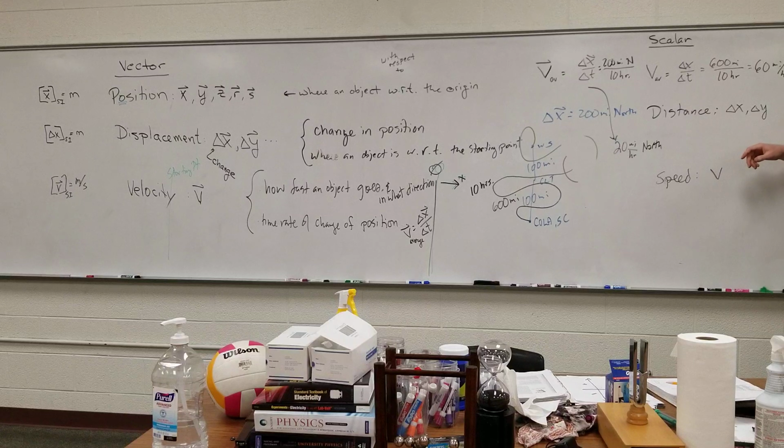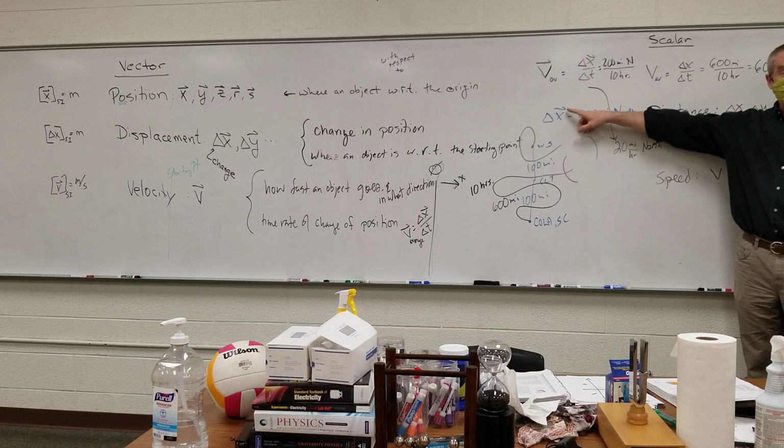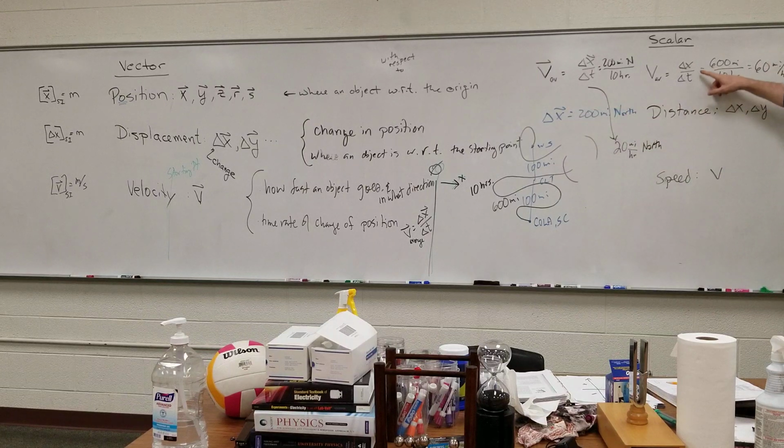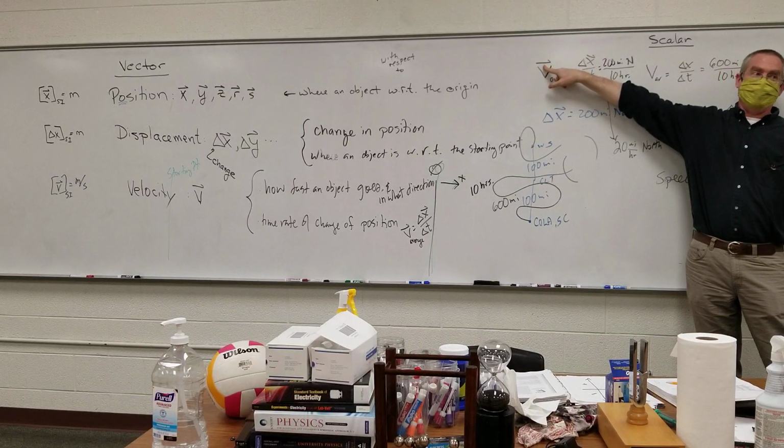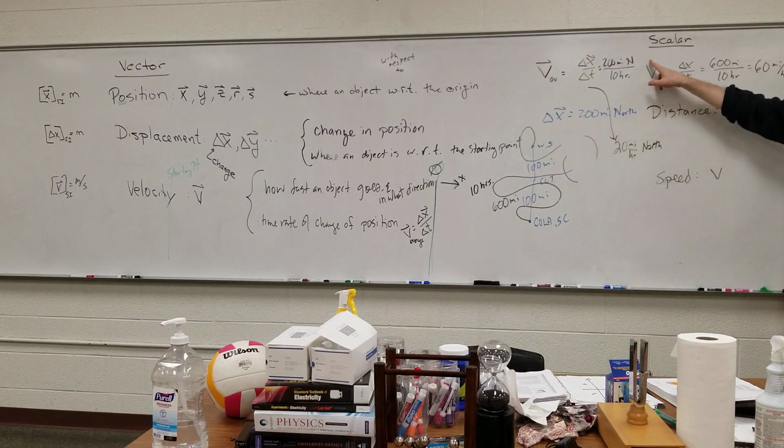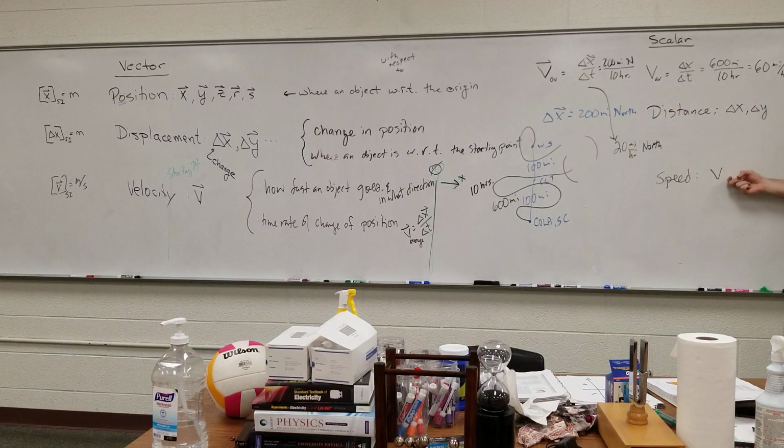That's indicating, it's slightly more than a line, it's an arrow. That's telling us that we're dealing with a vector. This is velocity, and because I don't have it, this is speed.